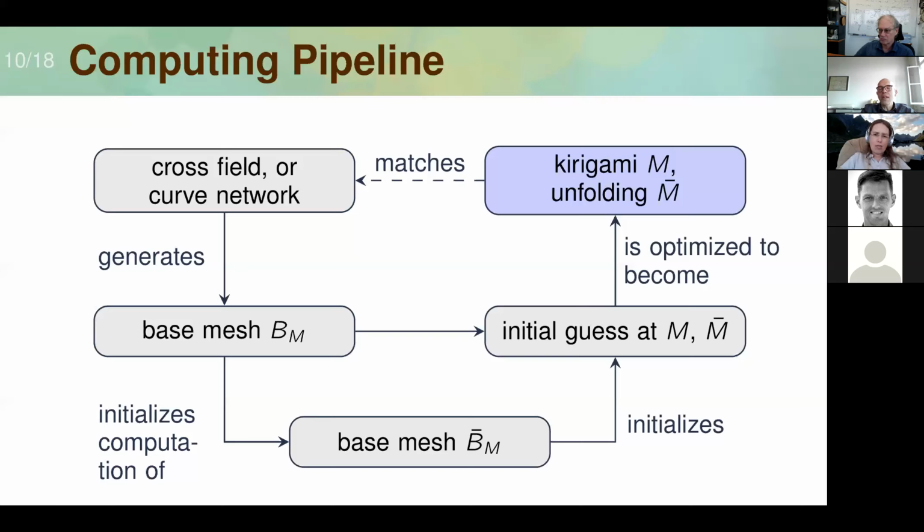It's just evidence from doing many examples. There is no theoretical guarantee. It's a difficult optimization problem, so that's not surprising.